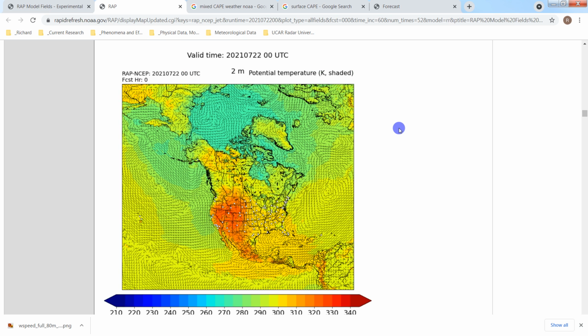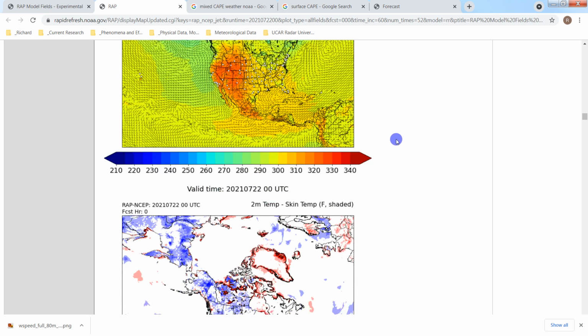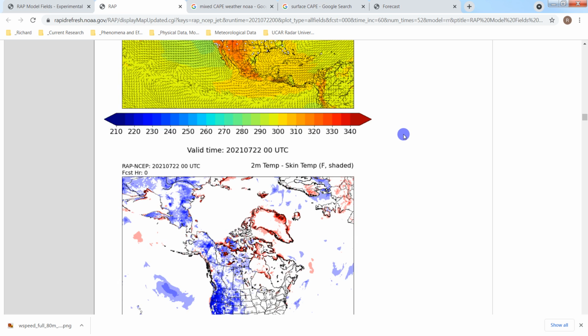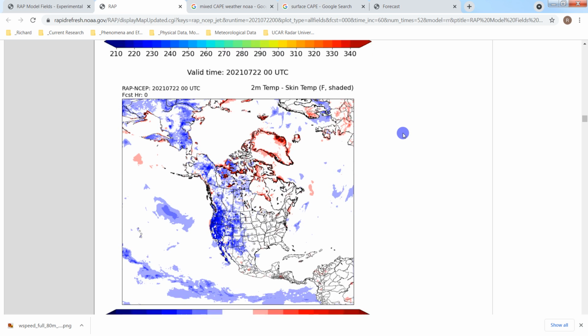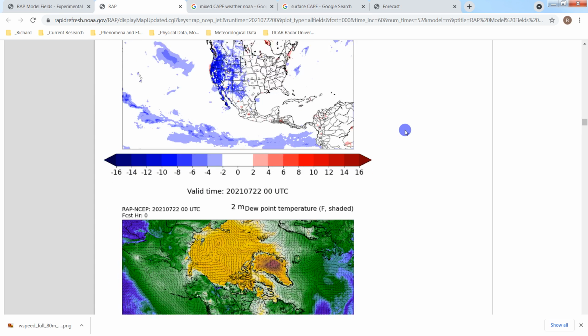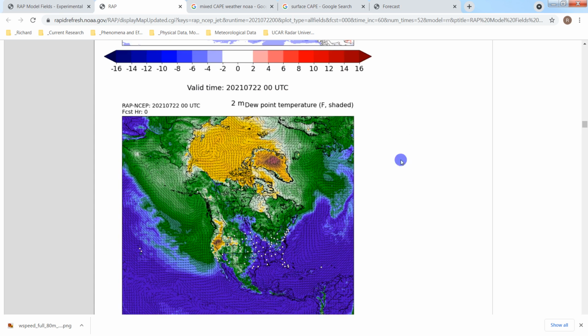Now, I was going to talk about the Stefan-Boltzmann relation, and that the temperature is actually a flux, which is T to the fourth, and I'm trying to sort that one out. Okay, 2 meter temperature, skin temperature. I don't know. Dew point.